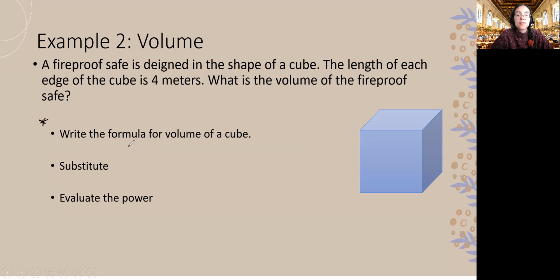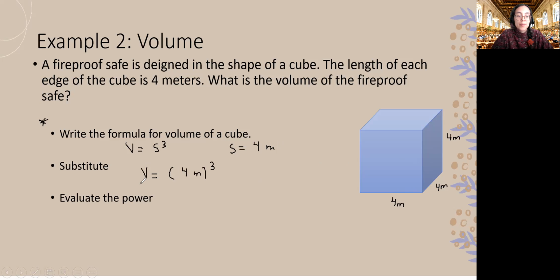Okay, so for the first step, our volume for the cube will be V is equal to S cubed. And we're told in the problem that the side length of this fireproof safe is 4 meters. Okay, so that's 4 meters here, 4 meters here, and 4 meters up. Okay, now we're going to substitute. So V is going to equal 4 meters cubed.